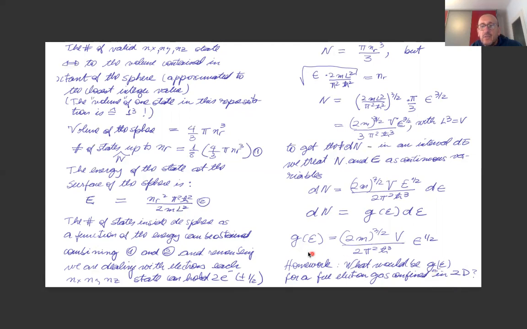So instead of 3D as it is here, for a 2D system, what would that be? This homework is somehow related to new materials, for example graphene. You can define a free electron model for graphene, and what you would like to do is find out exactly how to define that.